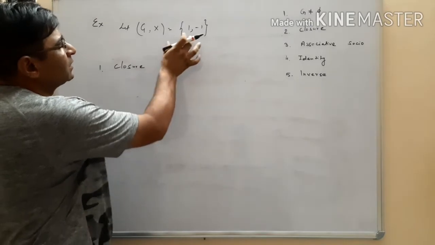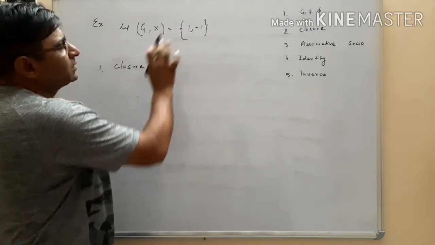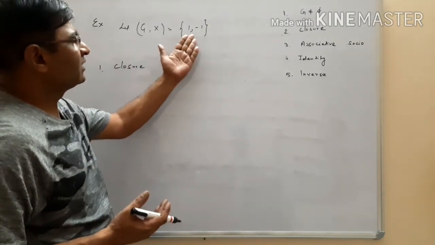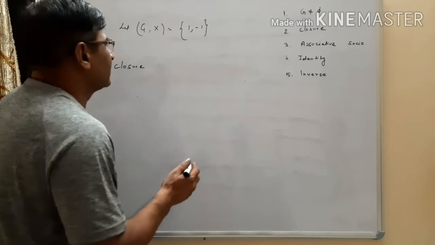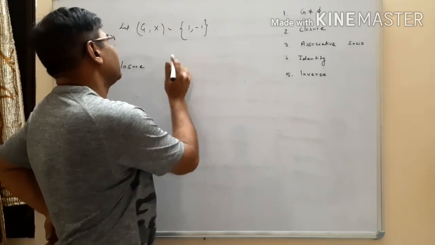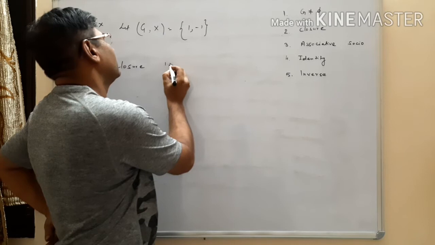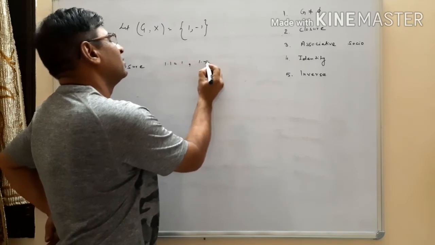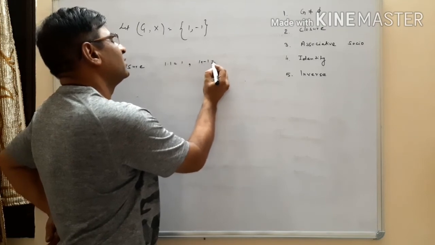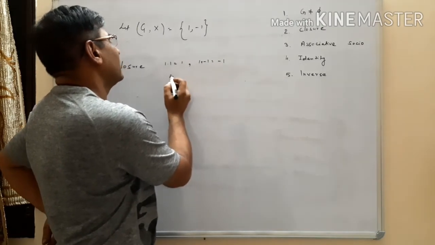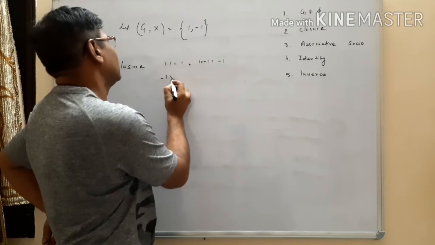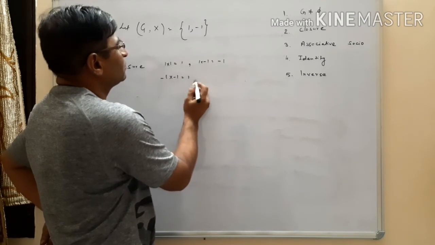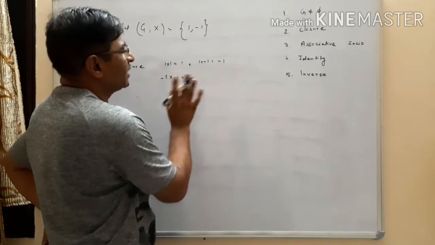Closure means if we operate these two elements, however we operate, the result will not be different from these two elements. Like I multiply 1 by 1, I get 1. I multiply 1 with minus 1, I get minus 1. If I multiply minus 1 with minus 1, I get 1. So however I multiply, I get the result in the set.